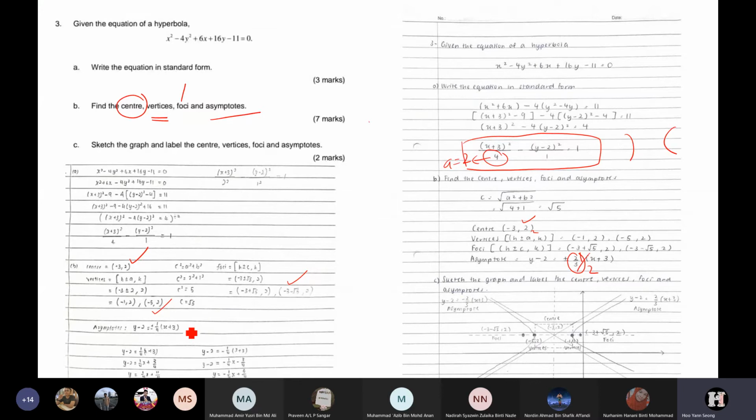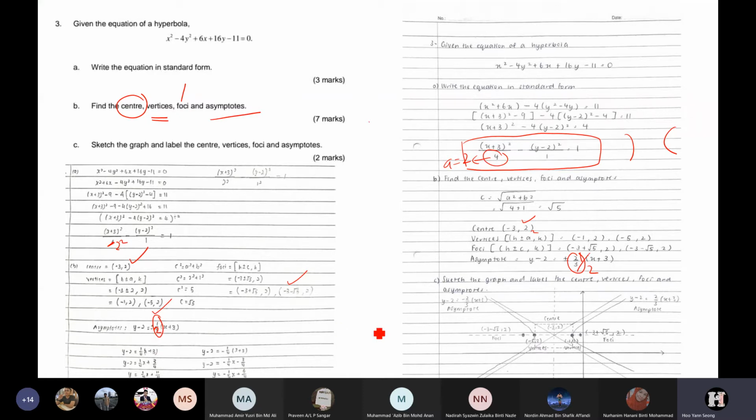And for this question, this person wrongly chose. That's why I always like to change 4 to become 2 squared. Then you will know that actually this one is 2. 1 over 2 is actually B over A, sorry. B squared over A squared gives B over A, so this is 2.